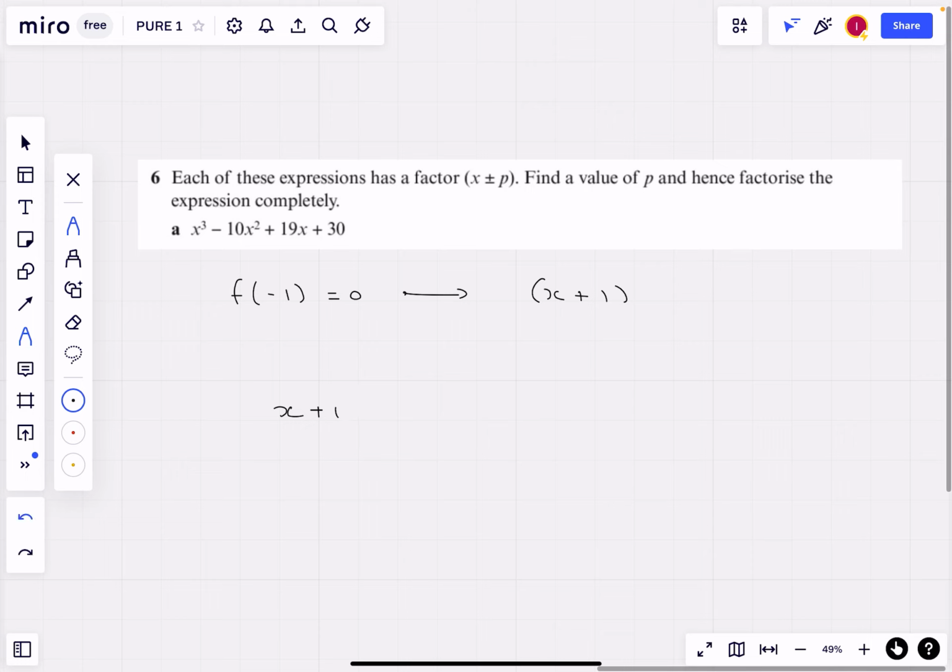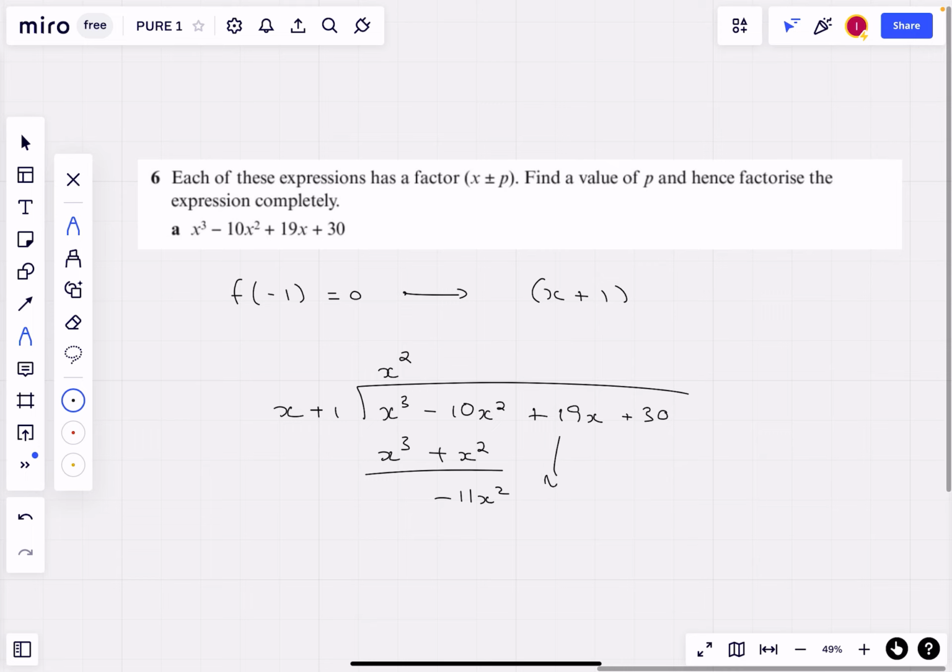You're going to use that x plus 1 to divide x cubed minus 10x squared plus 19x plus 30. When you divide that, x squared, x cubed plus x squared, you get minus 11x squared. Bring that down.